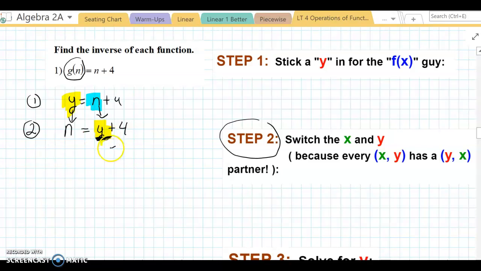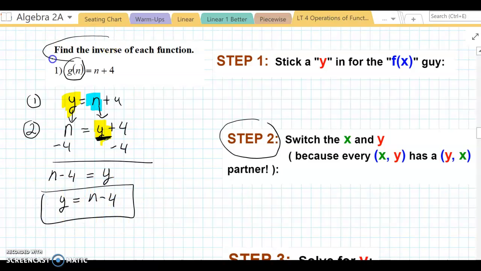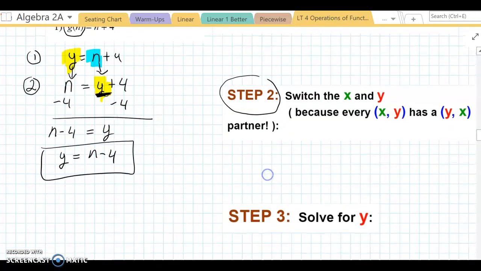If I subtract 4, this becomes n minus 4 equals y, and then I can just rearrange it so it says y equals n minus 4. But I want to find the inverse, so I'm going to use the notation. So it's going to be g inverse of n equals n minus 4. So we go back and we replace it.